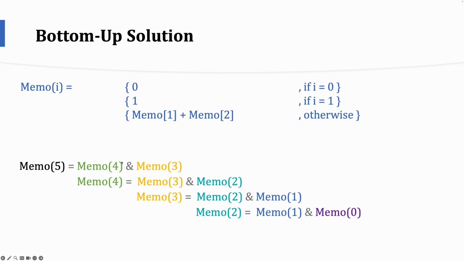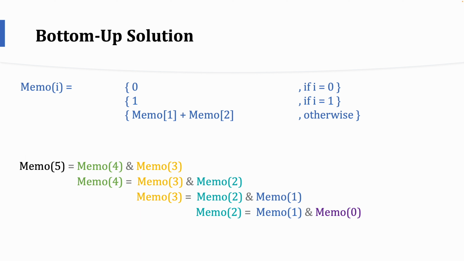So I'm going to go with an example of memoized 5. I'm just following the code that I just showed you in the previous slide. Whenever you call memo 5, what's going to happen? There's going to be two recursive calls, memo 4 and memo 3. And then for memo 4, there's going to be another two recursive calls, memo 3 and memo 2.